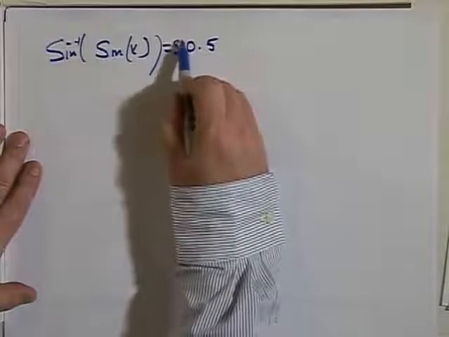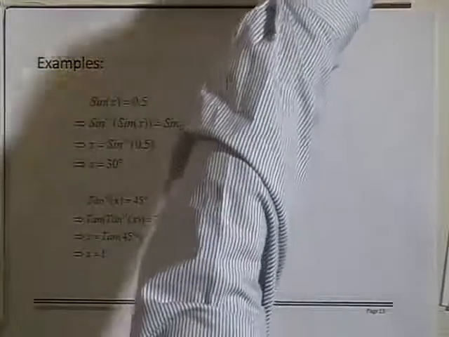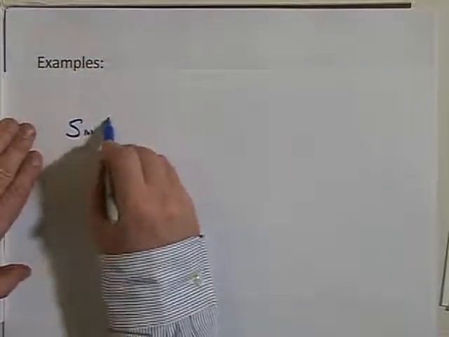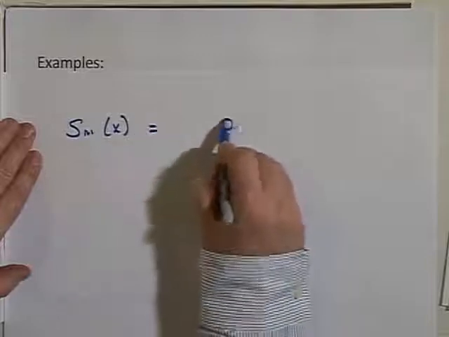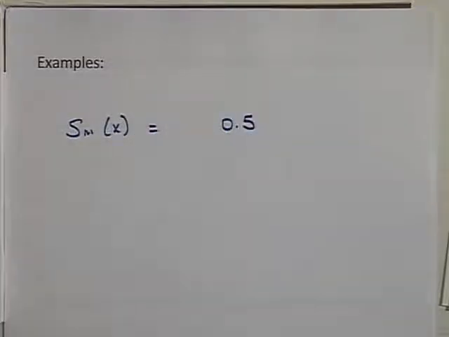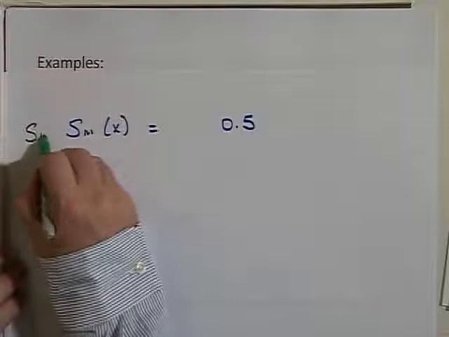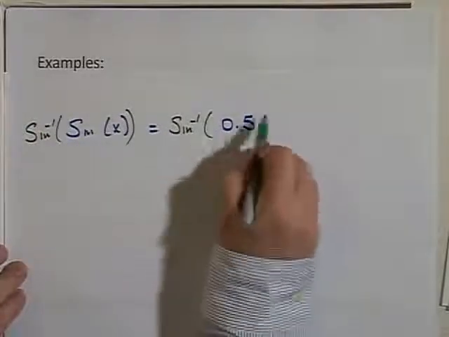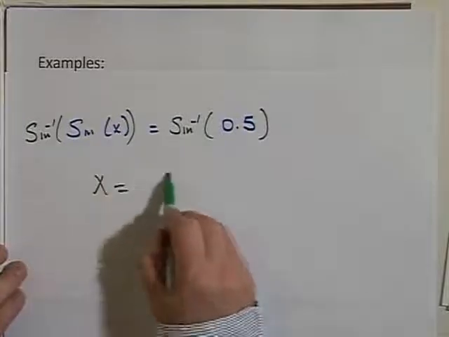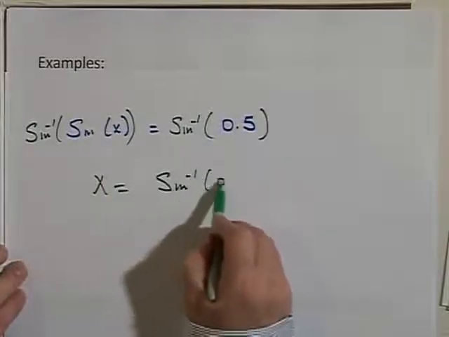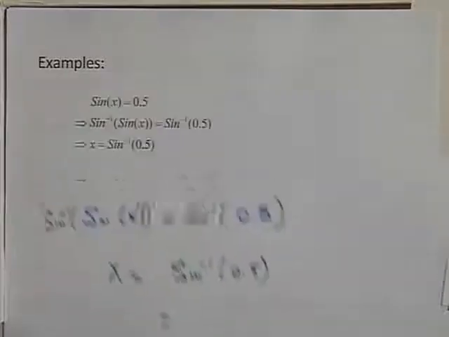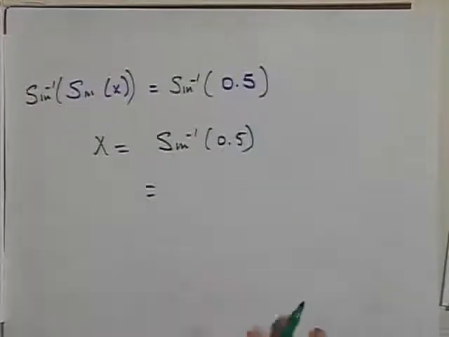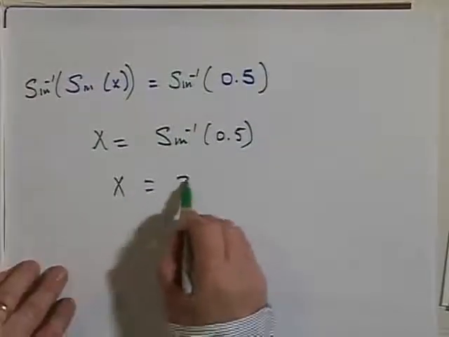I'll do this more carefully. So sine x, inverse sine is inverse sine. x is equal to inverse sine 0.5. And if I do that on a calculator with the degrees on, not the radians, I'll get x is 30 degrees.